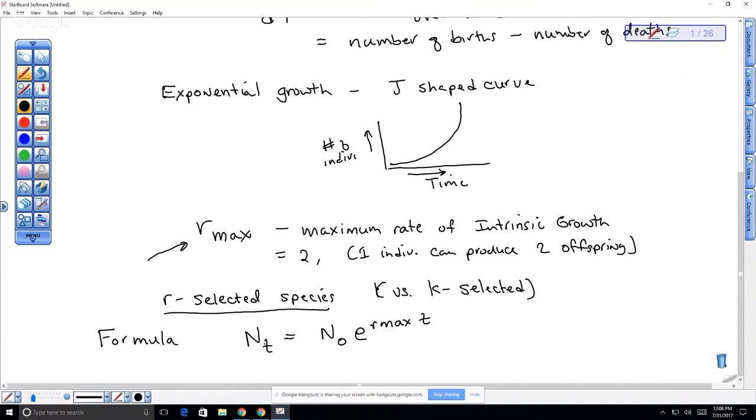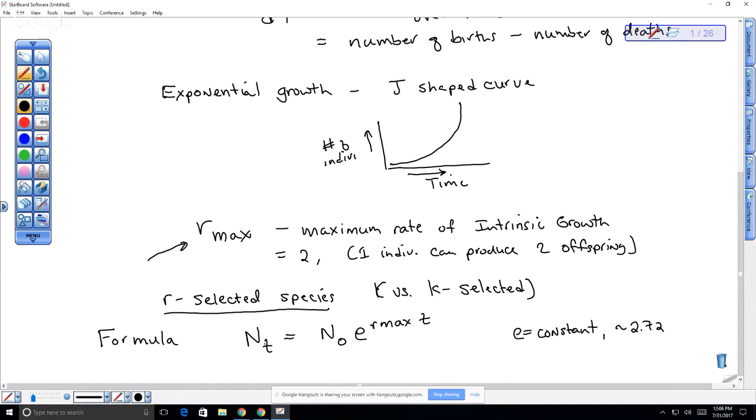So when we look at this formula, and you'll be using some of these formulas in your Symbio, N sub 0 is just the population at the very beginning. Now e is actually a constant. So it is a mathematical constant like pi, and it is approximately 2.72.